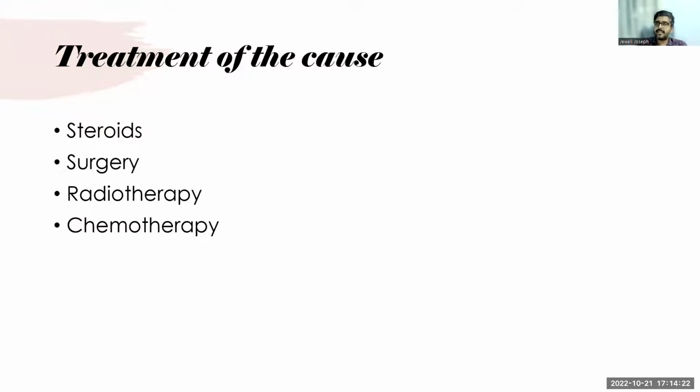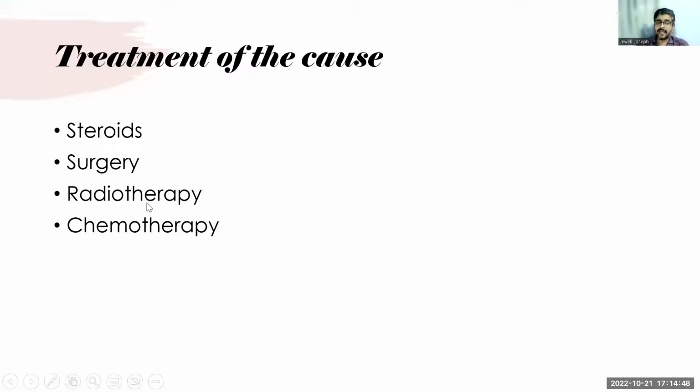This is the same reason that I put NSAIDs in a question mark, because, as you might have finished the pain classes, you must be aware that we avoid NSAIDs and steroids together whenever possible, because there is an increased chance of gastrointestinal bleeding. So whenever steroids are given, we should probably stick to paracetamol or opioids.